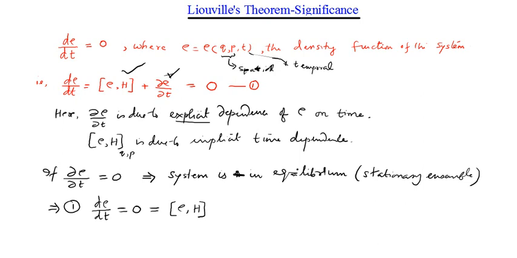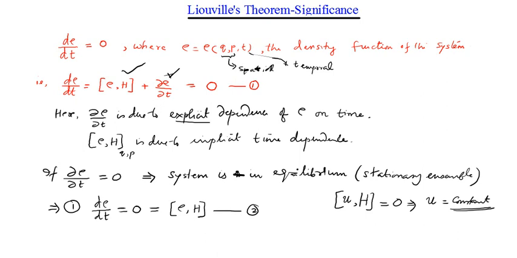What is that property? If the Poisson bracket of any function or observable u with the Hamiltonian of the given system is equal to 0, then that observable must be a constant of motion. That was a very important theorem in our Poisson bracket theory. So what is the implication of that theorem in equation number 2?